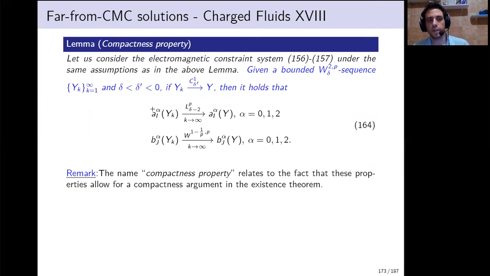And then we need this further property, a kind of convergence property, and we refer to it as a compactness property because it allows for a compactness argument in the main existence theorem.